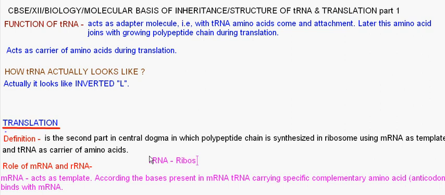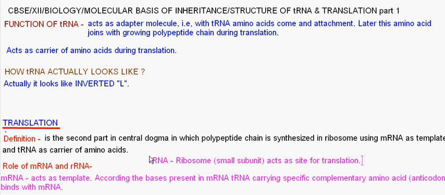Actually, the ribosome consists of two subunits, large and small. In inactive form, the ribosome has two subunits. When mRNA comes and binds with the small subunit, it gets activated and then protein synthesis starts.